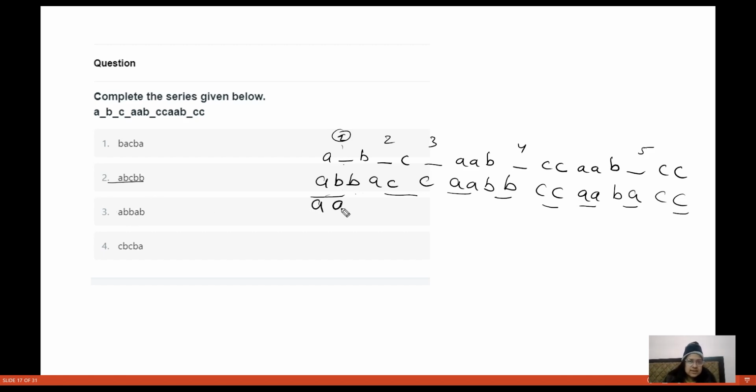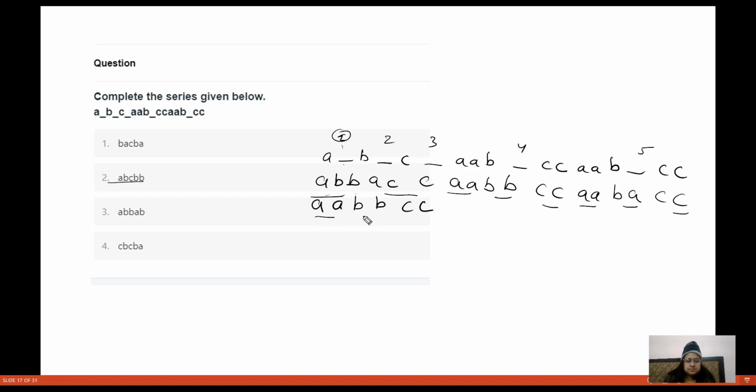So now let us try this one. In the first blank, they are asking us to put A. So we are now checking our option number two. We put A in the first blank, then B in the second blank, then C in the third blank.